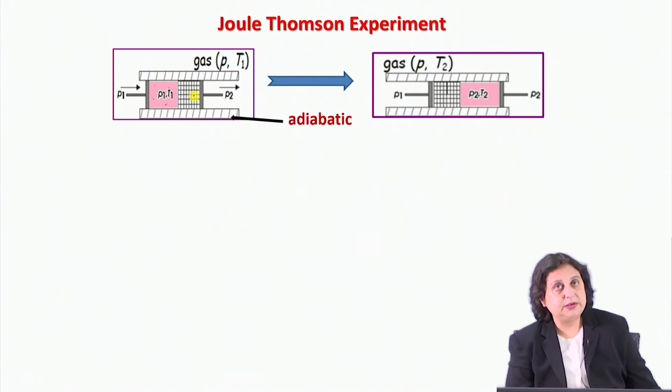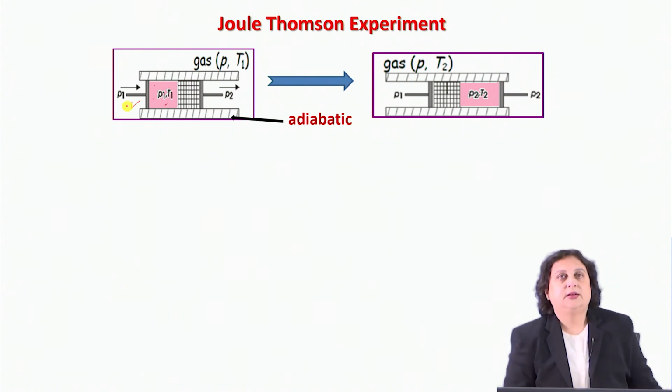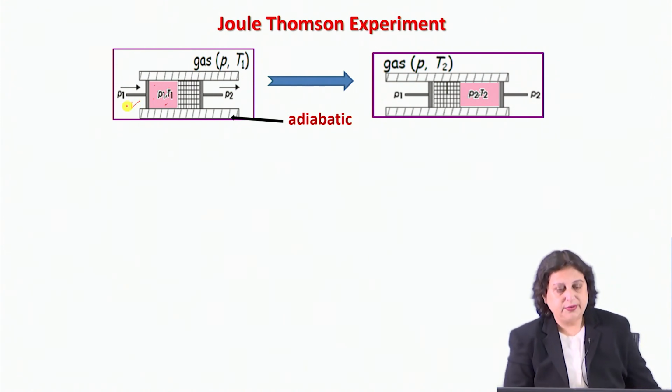So what has happened here? When I kept on moving the left-hand side piston, the gas started getting compressed against this constant external pressure of P1. And I made sure that it is an isothermal compression.